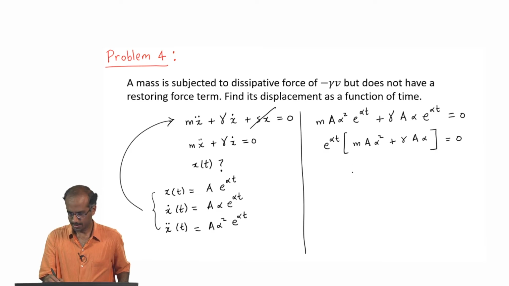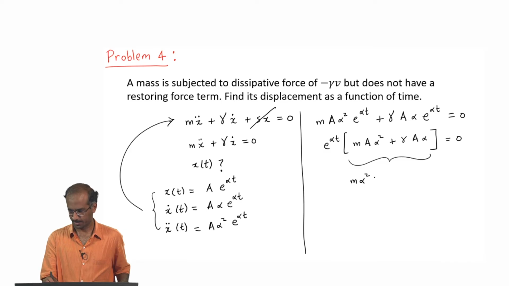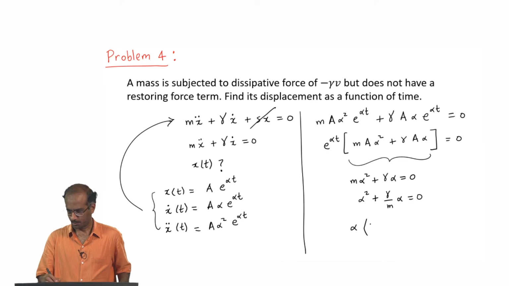Hence, the condition is that this quantity is equal to 0, and you see that there is a in both the terms of this equation, which can also be removed. So, I will have m alpha square plus gamma alpha is equal to 0, and I can, for example, divide throughout by m, in which case, if I take alpha out, I will have alpha plus gamma by m equal to 0.